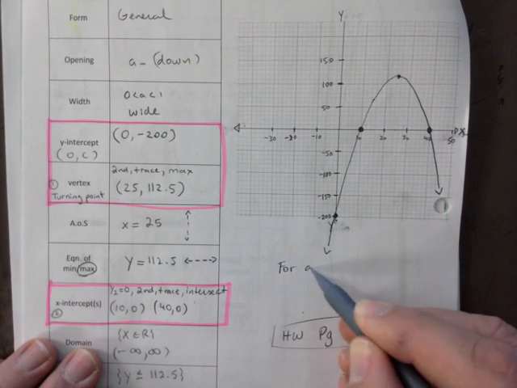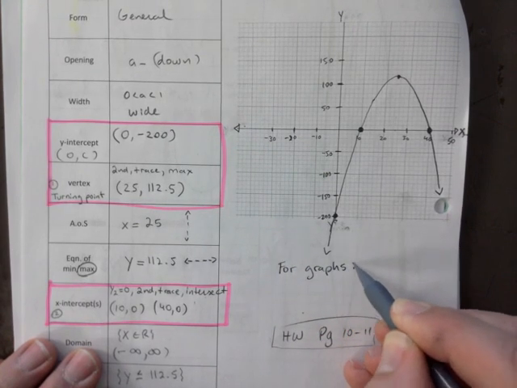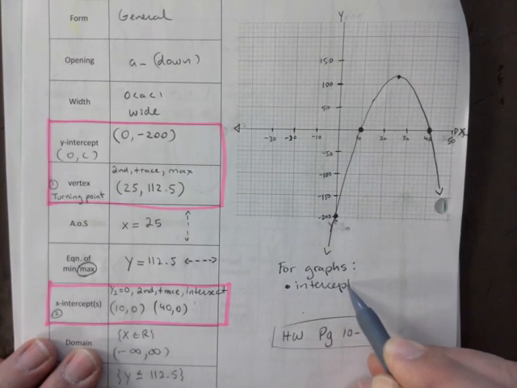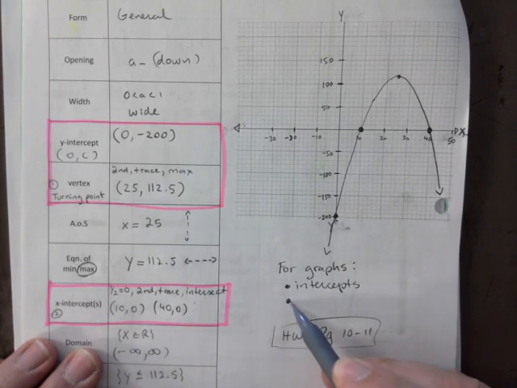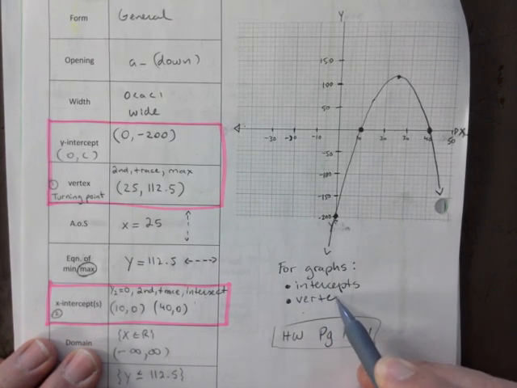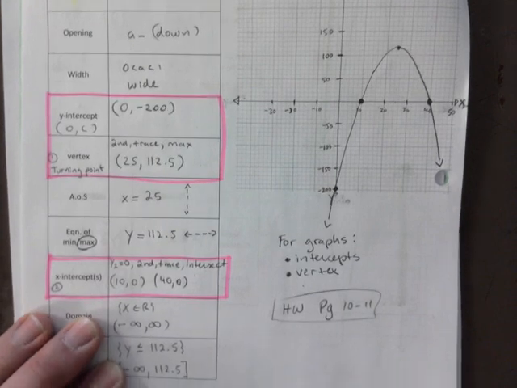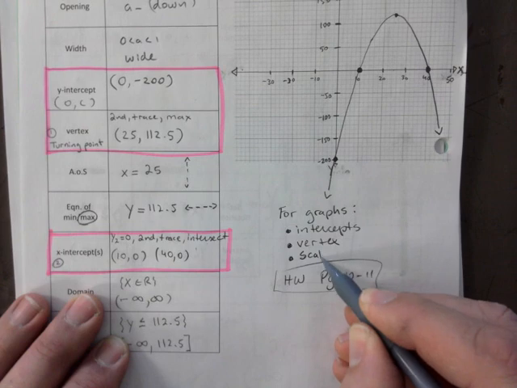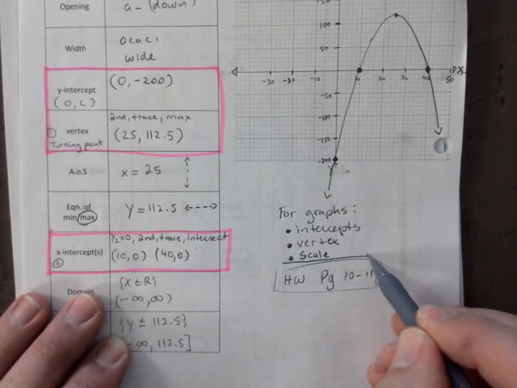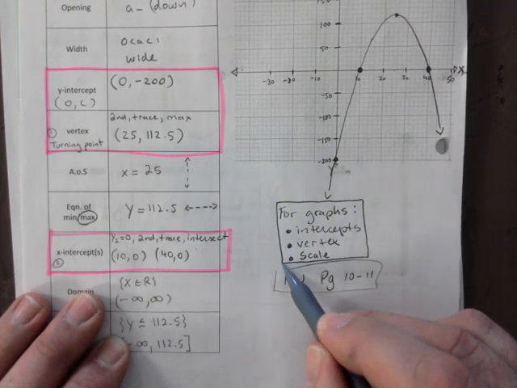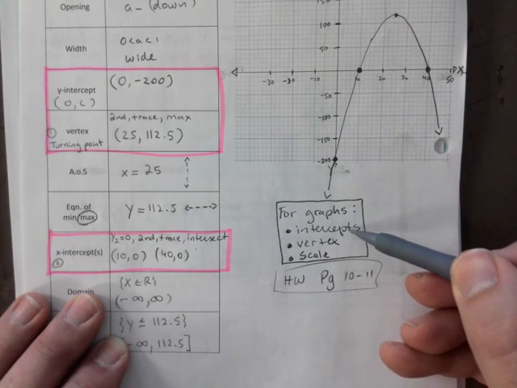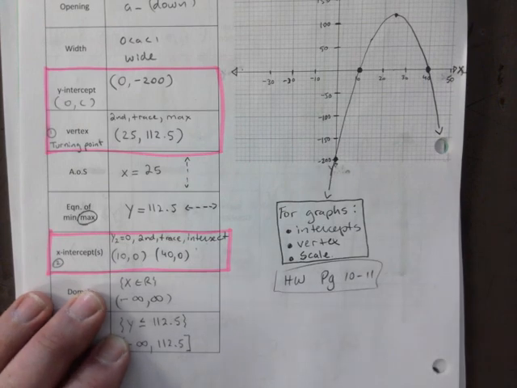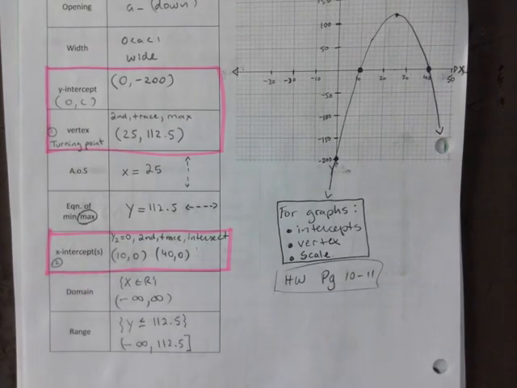For graphs, this is what I'm looking for. Intercepts. Vertex. And a scale. I want the scale to be appropriate. Those are the main pieces that I'm looking for. X and Y intercepts, vertex, and what kind of scale did you use on your graph? Is it a consistent scale?